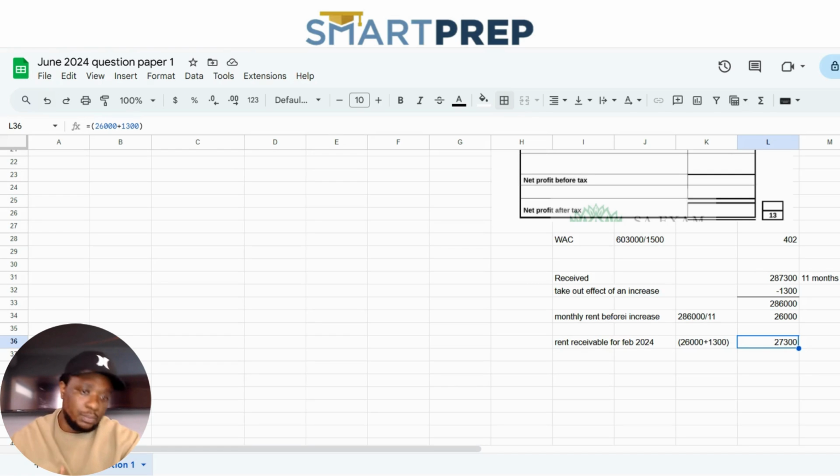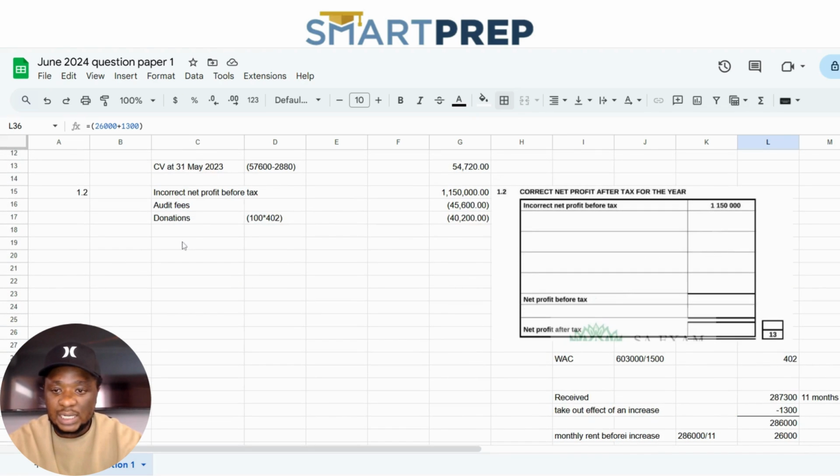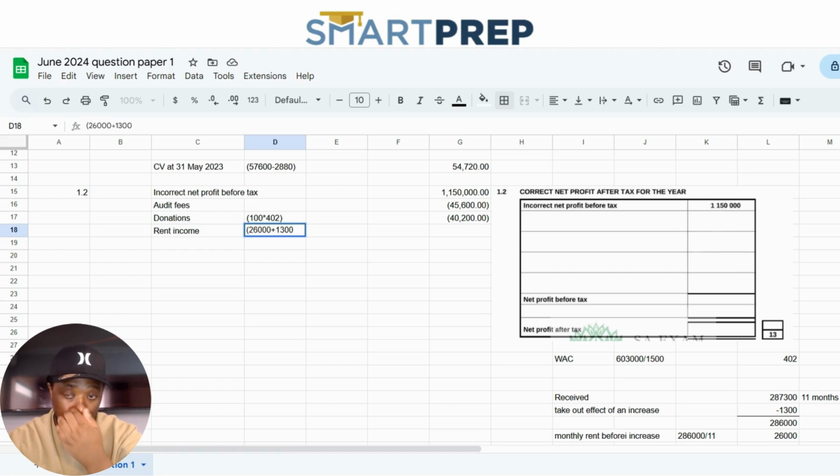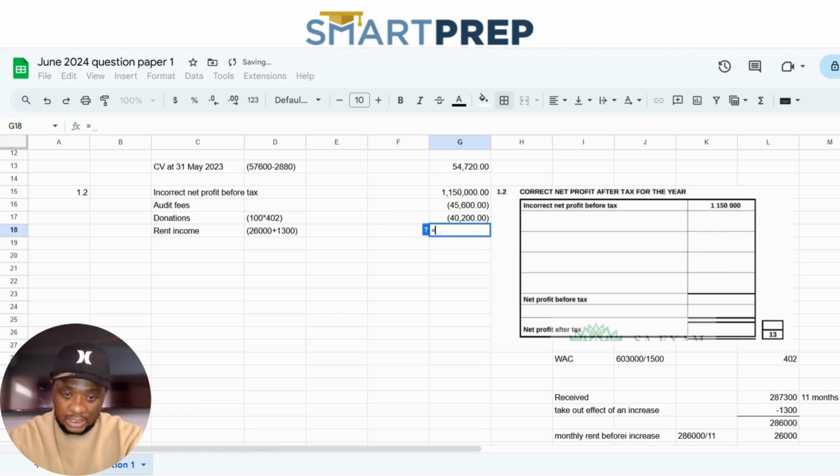The entries we do for that are that we debit accrued income, which is an asset account in the balance sheet, and then we credit rental income. So in this case, we have more rent income, and rent income has a positive impact on our profit. So we would go like this: 27,300, and it would be positive.